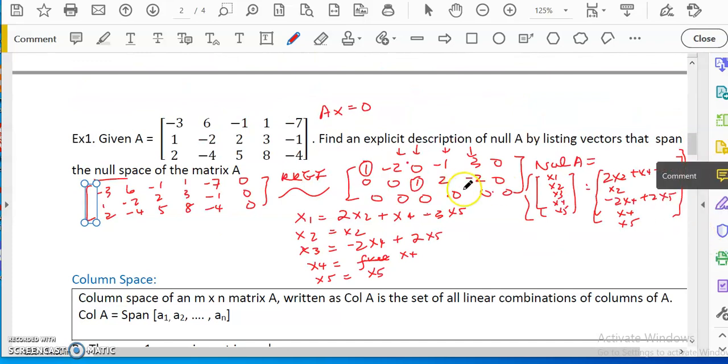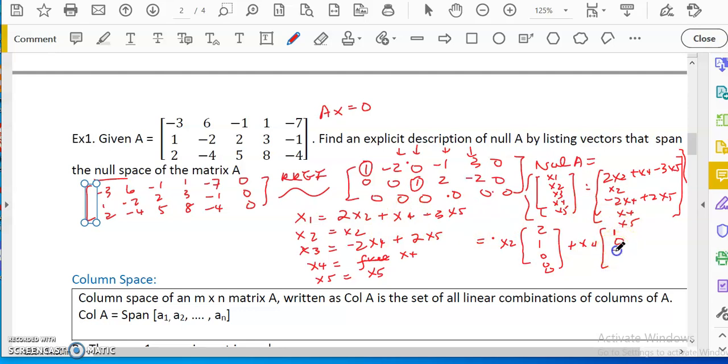So how can I write it as a spanning set if I have the description of it? The spanning set: you factor the x2 out, right? All of them can be written as x2 times a vector. What is x2 about? It's 2, 1, and the other entries don't have x2: 0, 0, 0. Plus x4, a free variable. X4 shows up in the first one as 1. The second one doesn't have it.